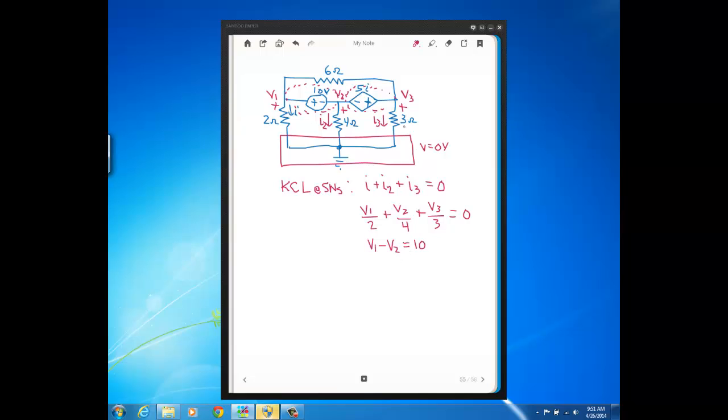And then the dependent voltage source: V3 is on the higher voltage end and V2 is on the lower, and this is the difference here. So looking at the dependent voltage source, we get V3 minus V2 equal to 5I.